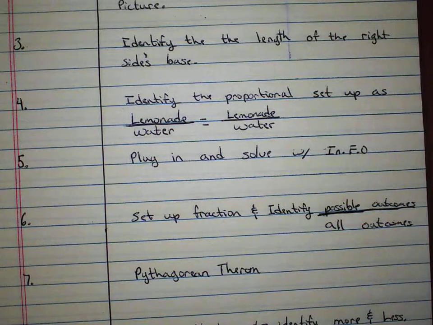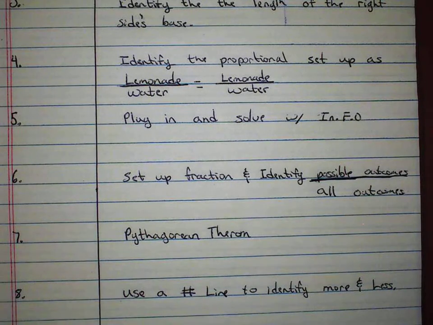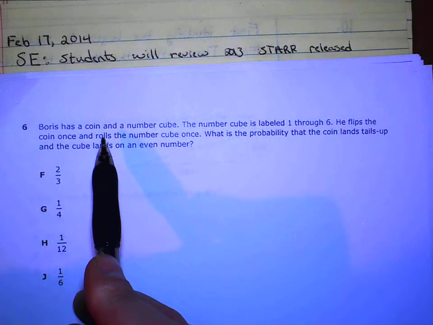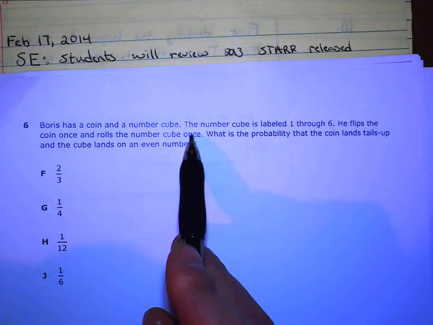Alright, look at number 6. Set up fraction and identify possible outcomes over all outcomes. So I'm making a fraction. Okay, so I've got a coin and a number cube.